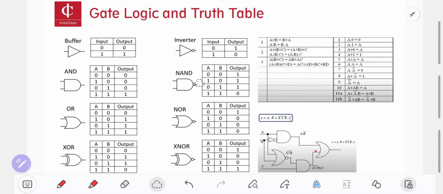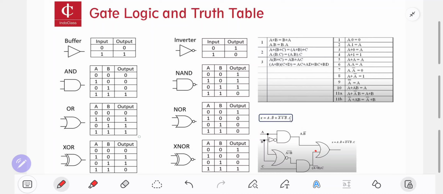You can summarize NAND gate logic: if all conditions are 1, the result is 0. The other results are 1. Okay, understand?